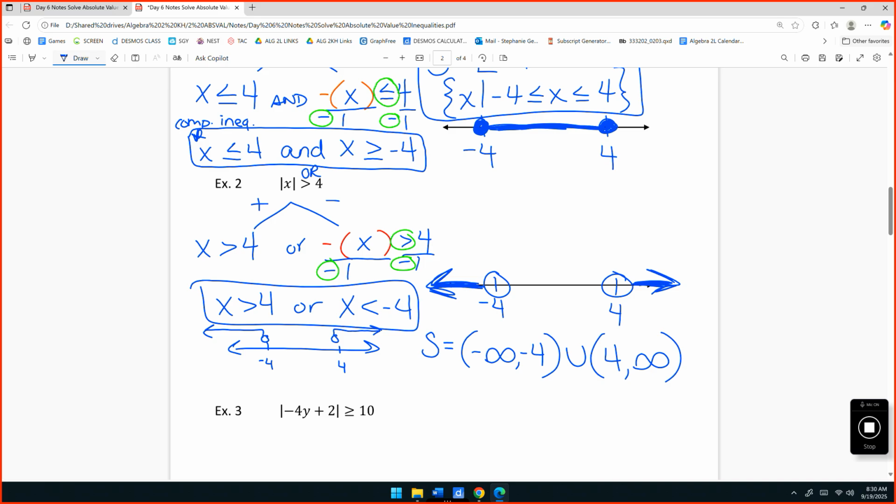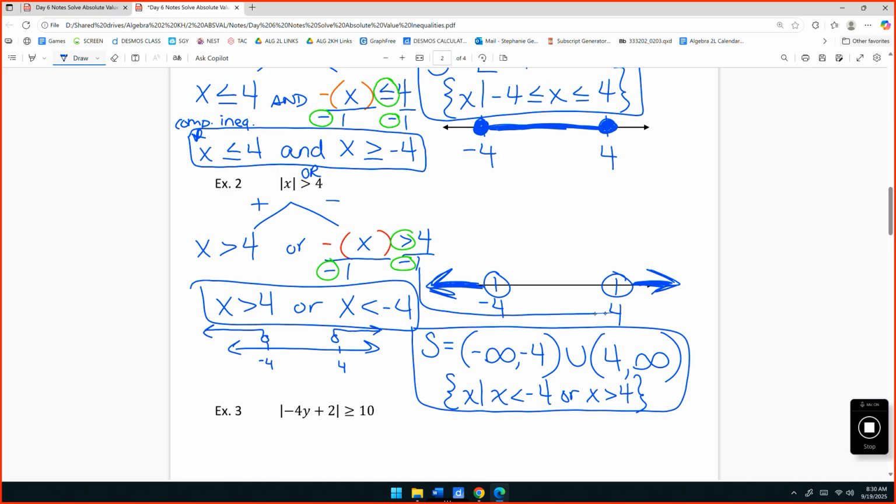Remember, if you're using interval notation, you don't need curly braces because the interval notation is its own solution set, okay? But if you choose set builder notation, then you would need it. So this one would be the set of all x such that x is less than negative 4 or x is greater than positive 4. Okay? So this is our solution.